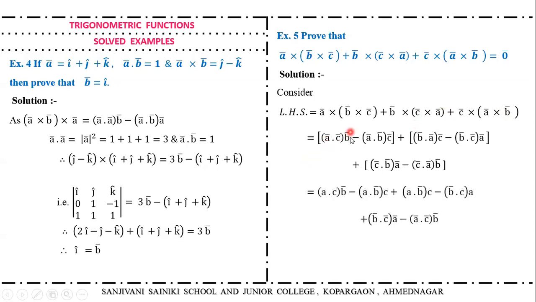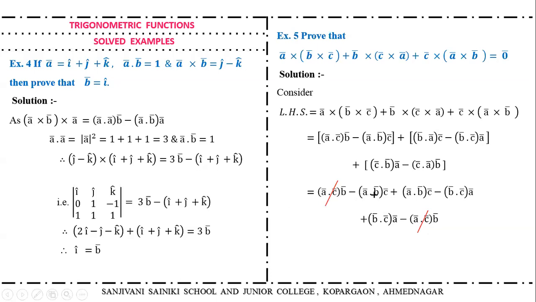A bar dot C bar into B bar as it is, just remove the brackets and simplify it. A bar dot C bar into B bar, and minus A bar dot C bar into B bar: this is plus 1, this is minus 1. So these two will cancel each other.